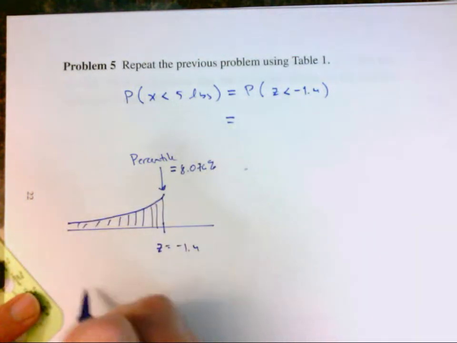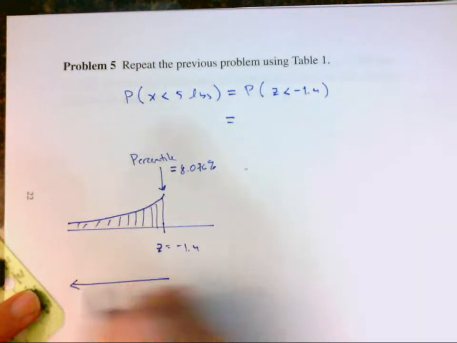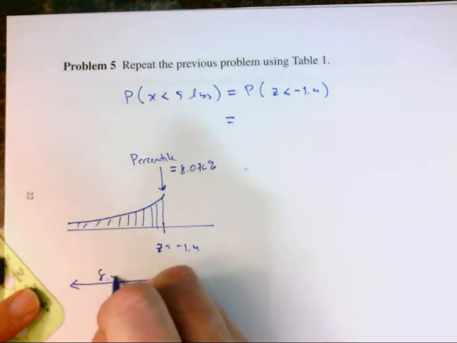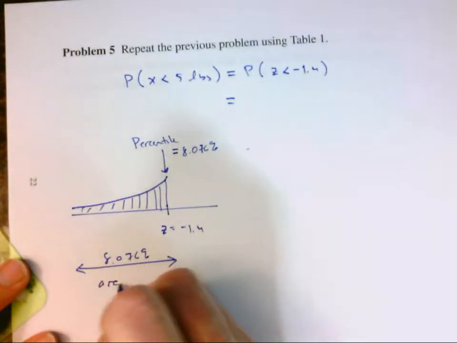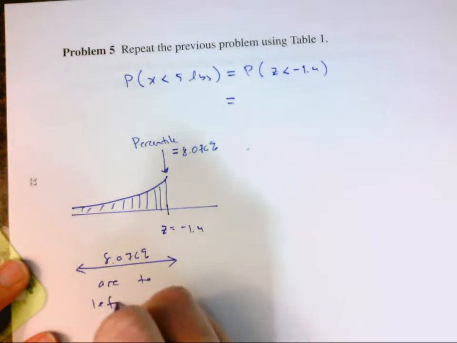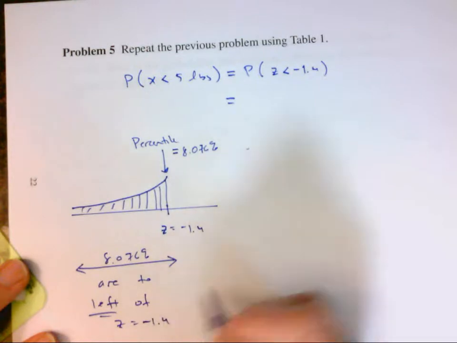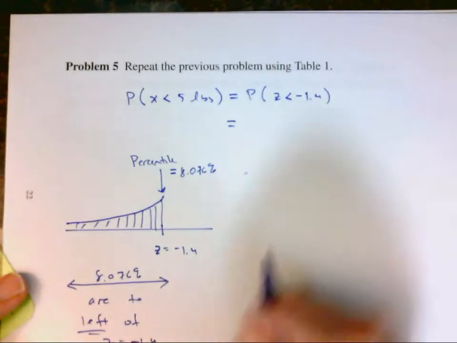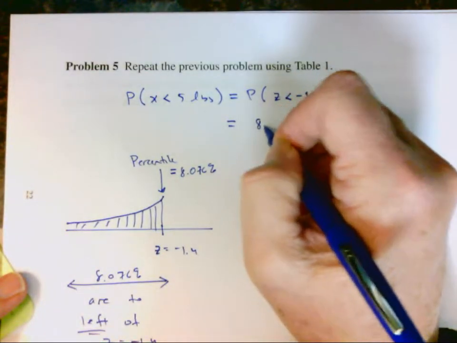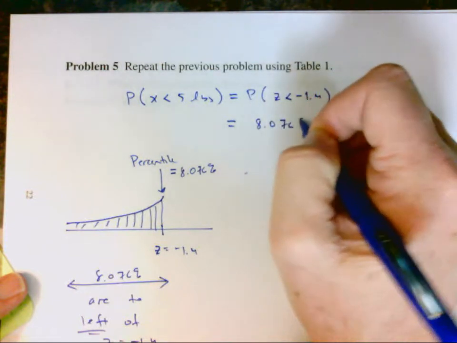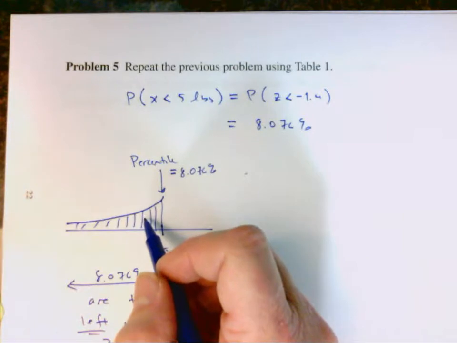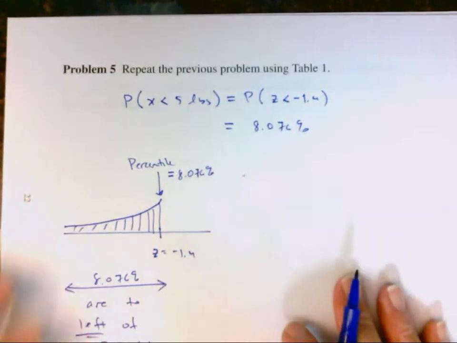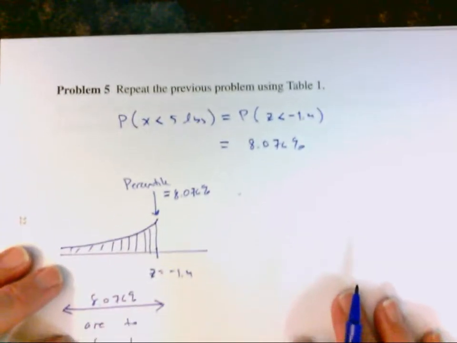That means that 8.076% of data are to the left of z equals negative 1.4. So we could actually say 8.076% of our data are here, which pretty much agrees with what we found on the previous problem.